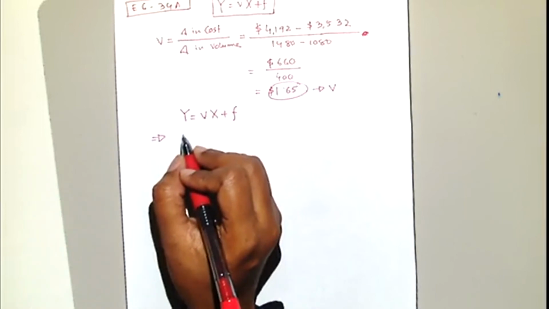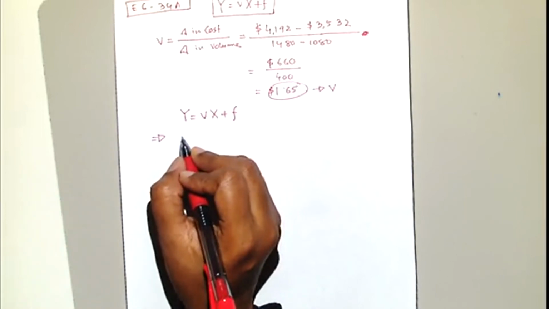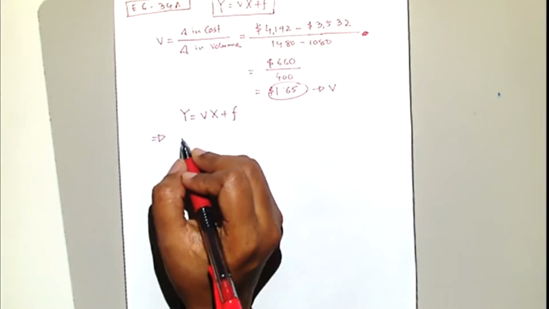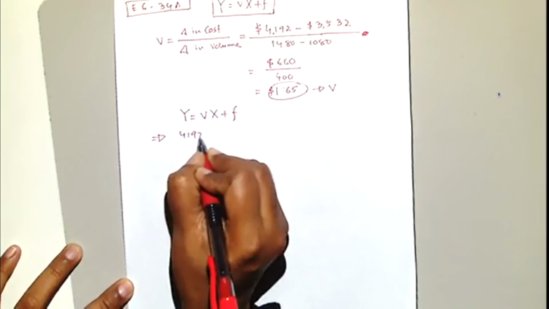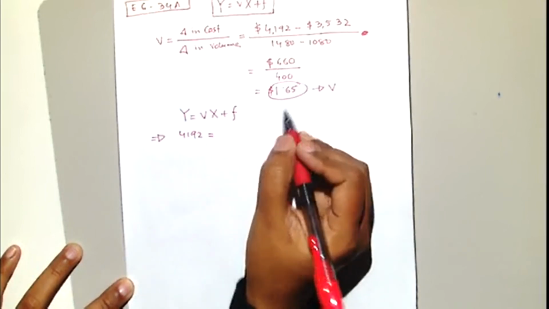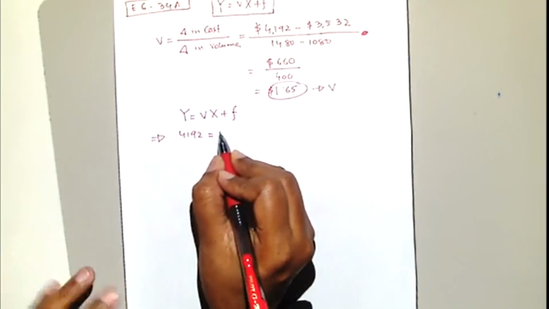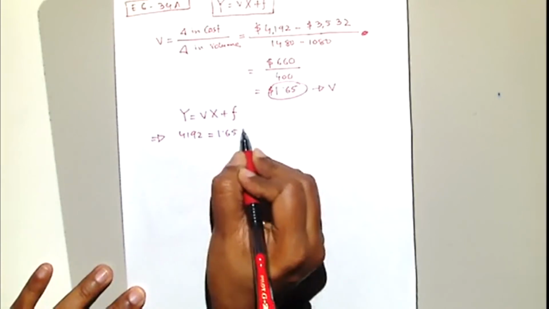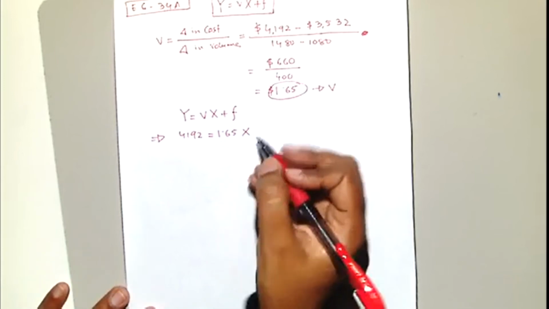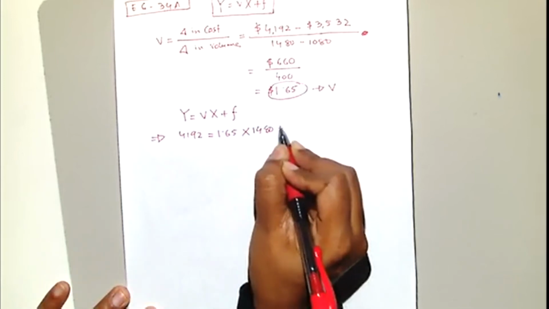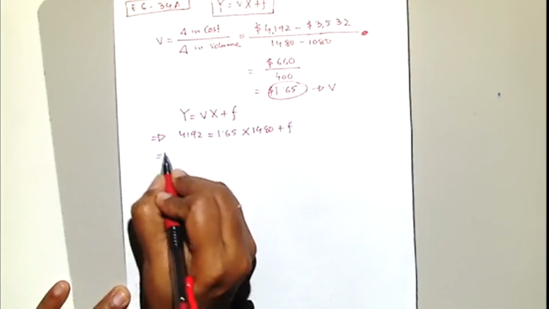Y is how much for June? 4,192. Great. And V, we got V how much in our previous part? 1.65. And for June, our X? Excellent. 1480. And now you can solve for F.